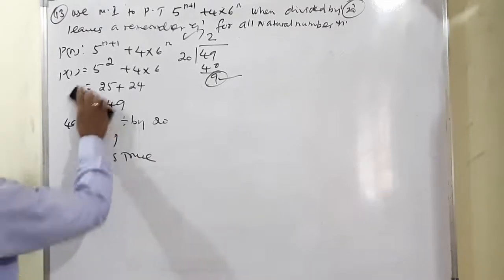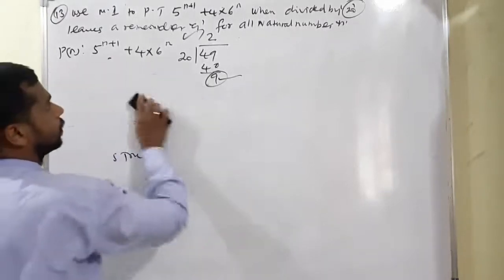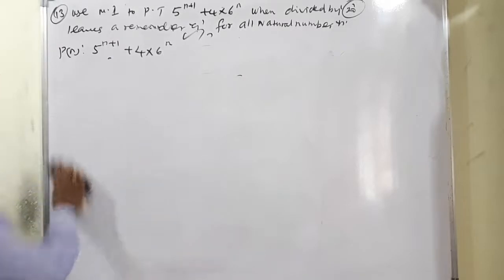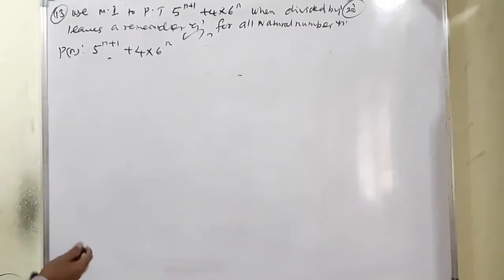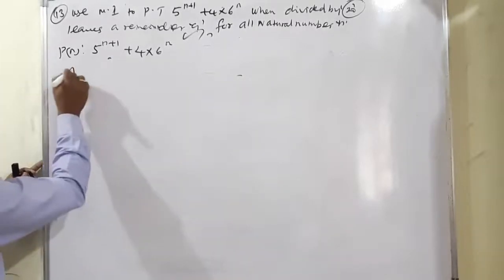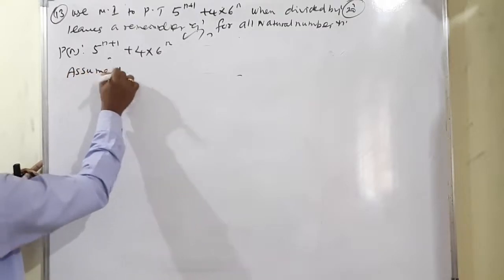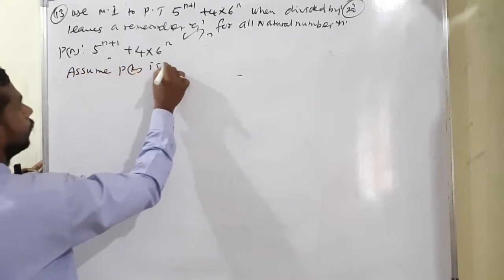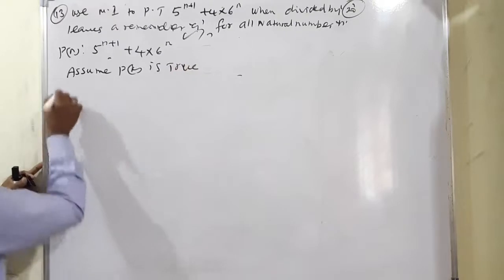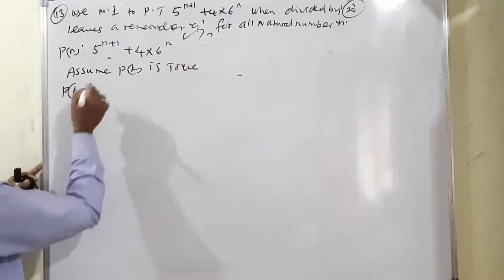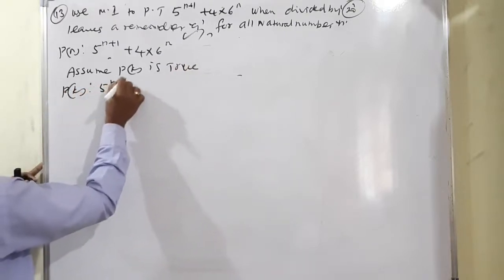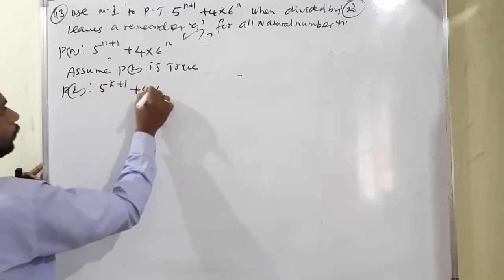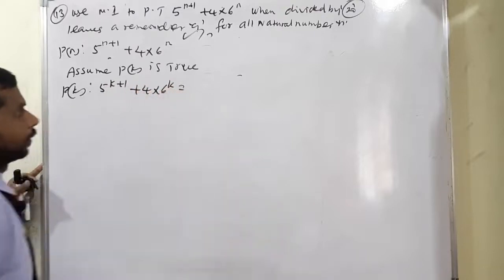Then P of 1 is true means second part, assume P of k is true. So P of k means 5 to the power k plus 1 plus 4 into 6 to the power k.